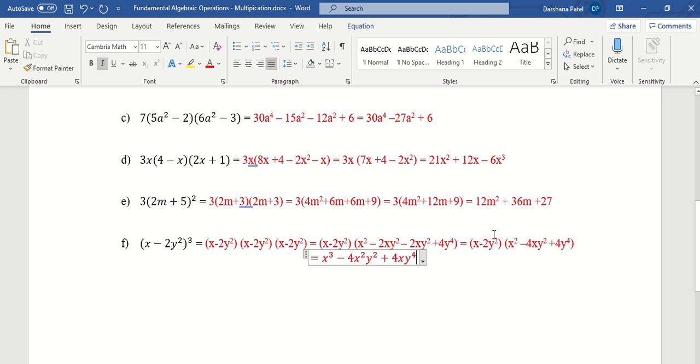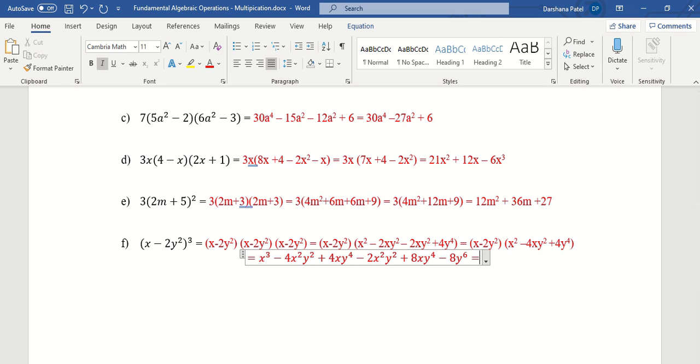Now we're done with multiplying x with all of these ones. Now we'll multiply minus 2y square with all of those ones. So we'll get minus 2x square y square. We write them in alphabetical order. Plus 8xy to the 4. And lastly minus 8y to the power of 6. Now let's collect like terms. Minus 4x square y square, minus 2x square y square.